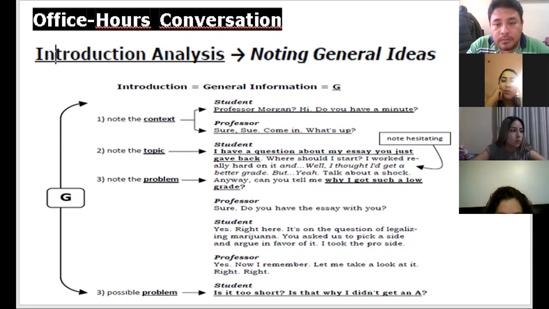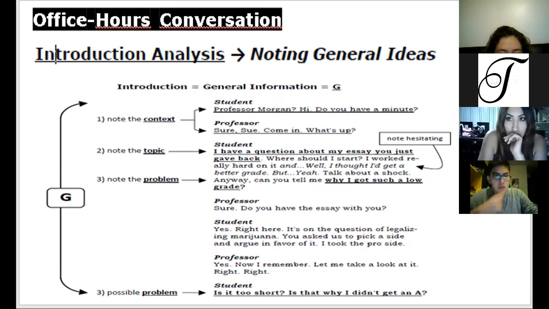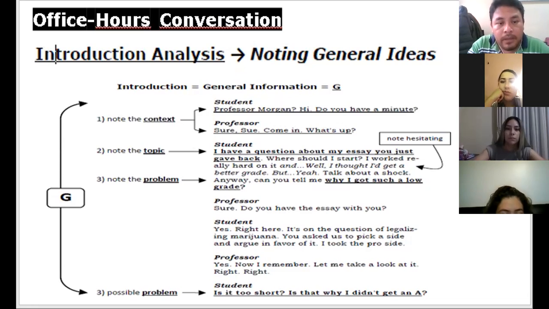Now, the introduction is worth three things. It has three purposes. The first one is to introduce the context. It is the main thing about the introduction every time, not only for listening, but for all the tasks of the TOEFL.